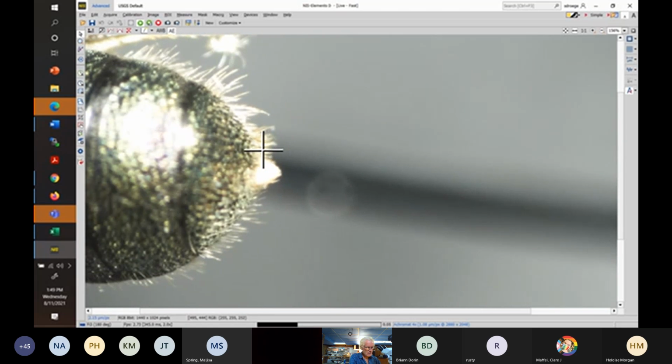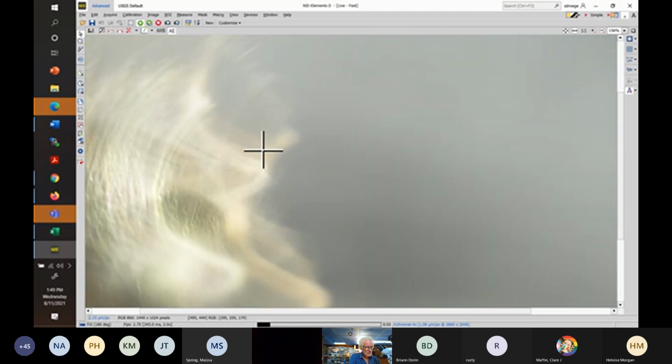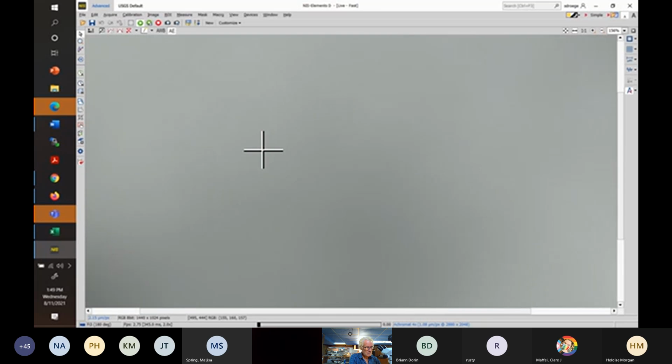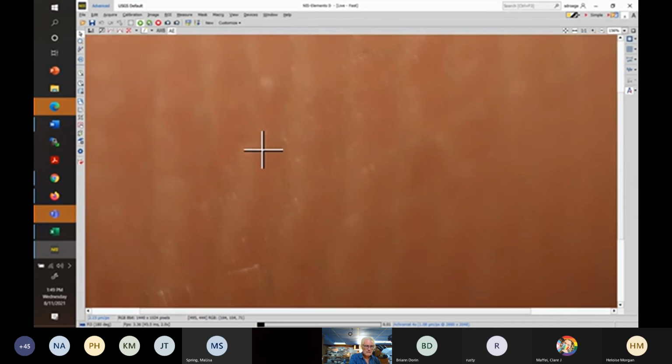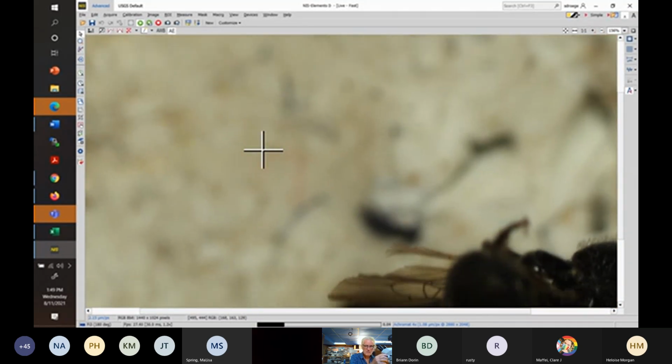So I think we're seeing the hair dot. Again, not the most important part. I want to see the flange. Put that in this direction. And we're going to look at the flange shape.